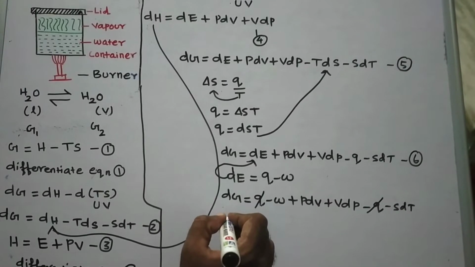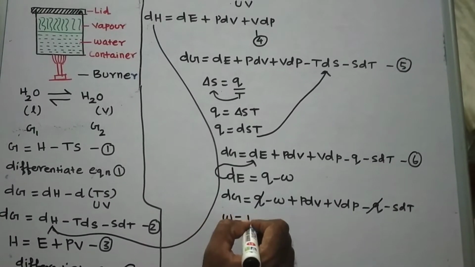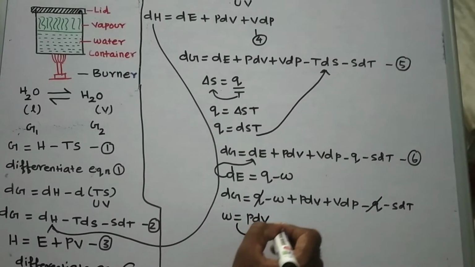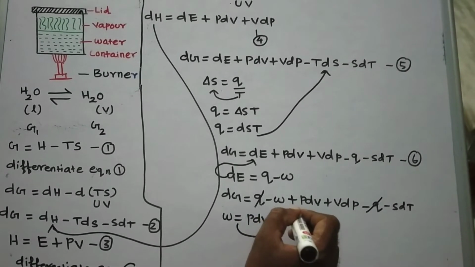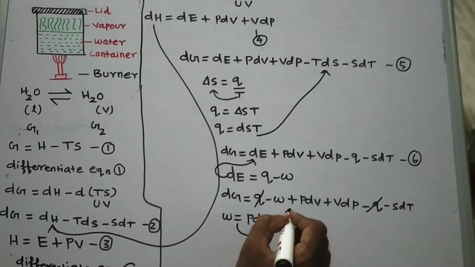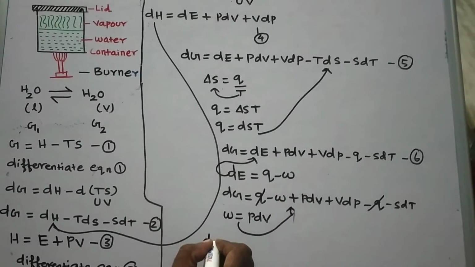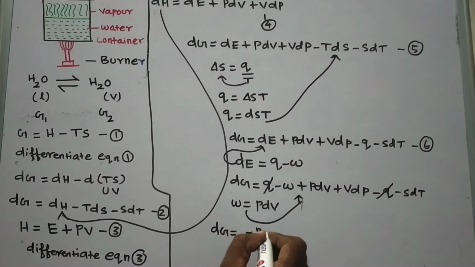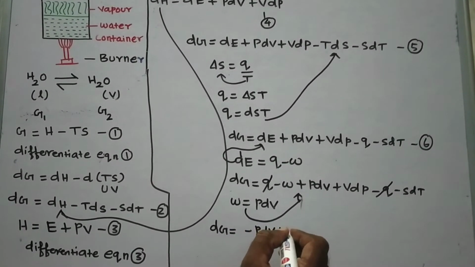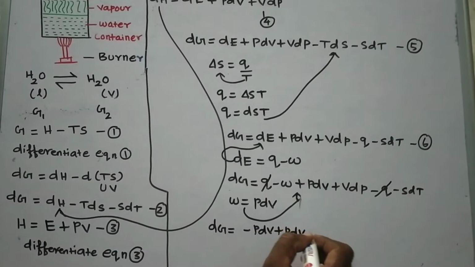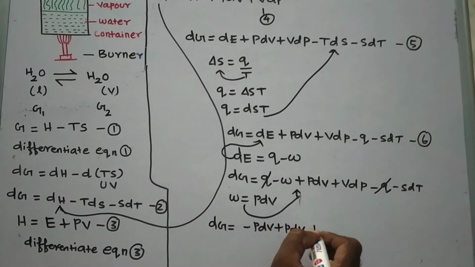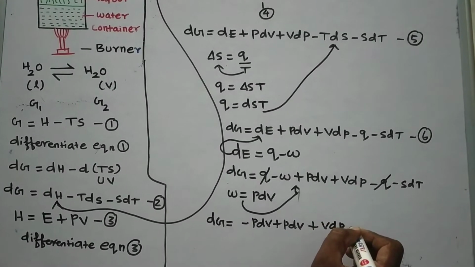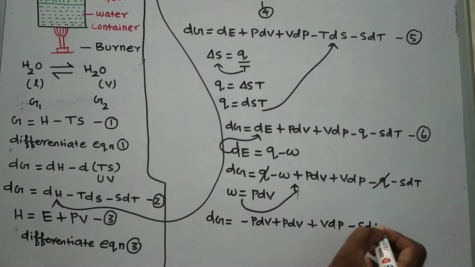Then it's well known that W is equal to P into dV. Substitute this equation here. So it becomes dG is equal to minus P dV plus P dV plus V dP minus S dT.